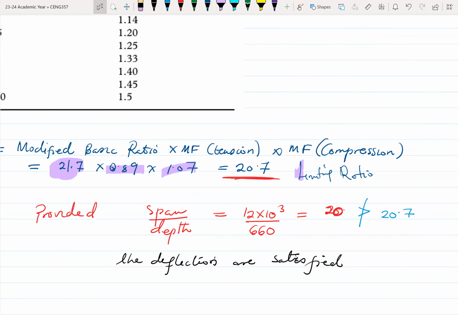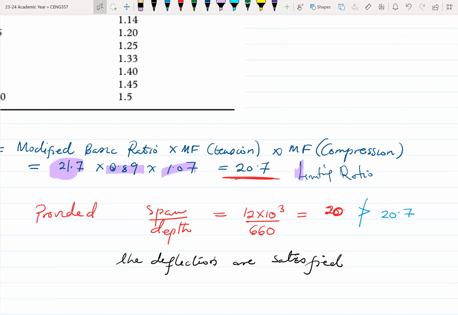Now let's find the actual span to depth ratio. Our span is 12 meters. Our effective depth is 660 millimeters. So we find the ratio of that and we get 20. Since the ratio for the beam is 20, which is less than 20.7, our design is adequate, or our choice of the depth being 660 millimeters is adequate, at least with respect to span to depth ratio.